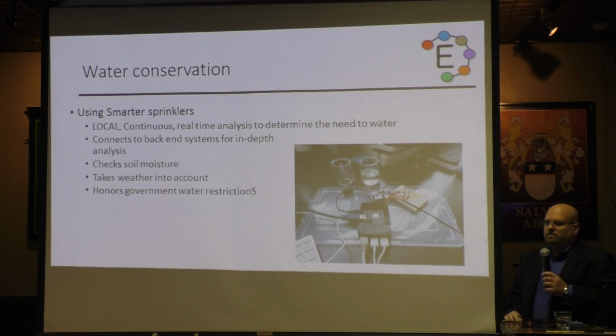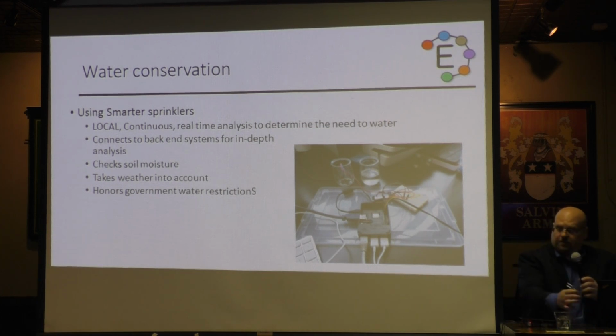Let's say it rained 2 days ago and you got a little bit of moisture, right? You want to water, but you just want a little bit of water, not a lot of water. Well, that would be driven by the moisture sensor. Right.